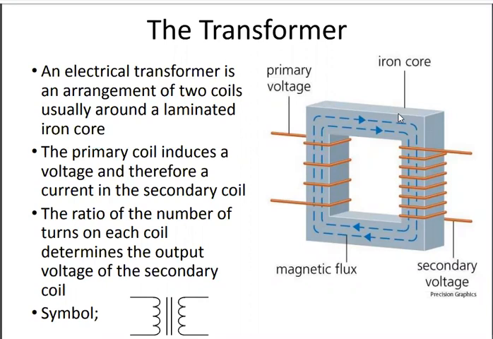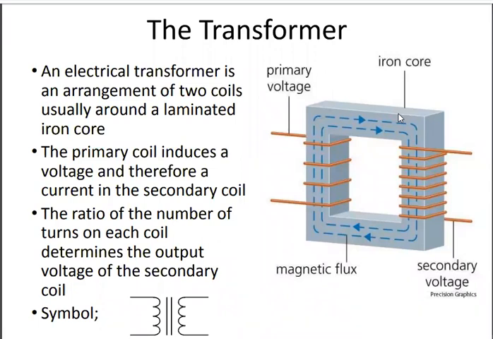One coil is called primary coil and second one is called secondary coil. Primary coil is the input coil. Always it is used as input coil, and secondary coil is used as output coil. So primary coil induces voltage and therefore a current in secondary coil gets induced.